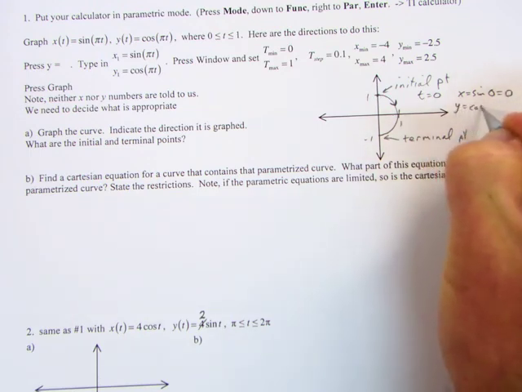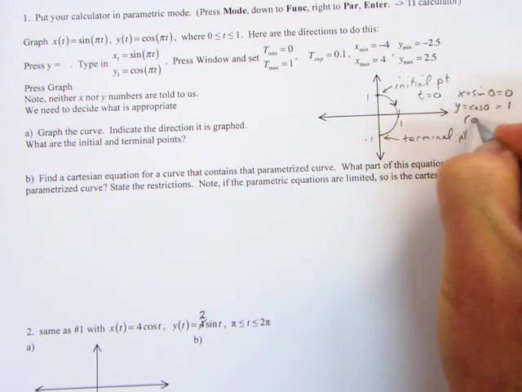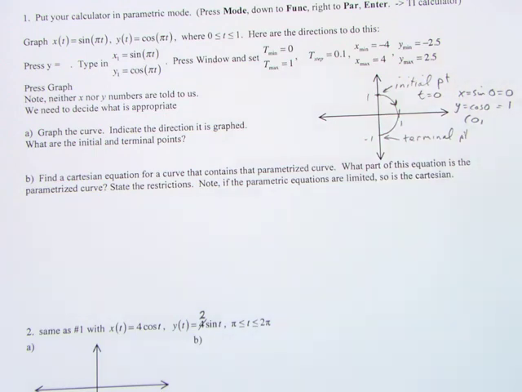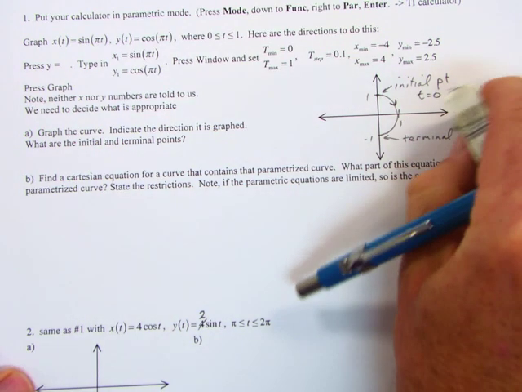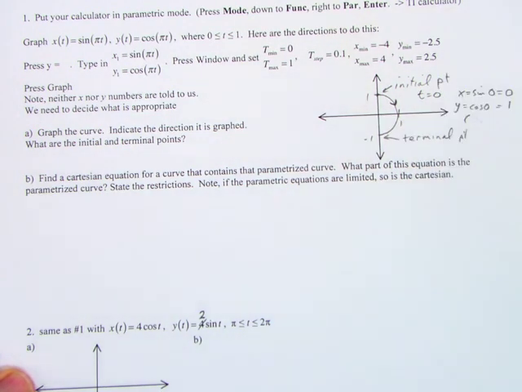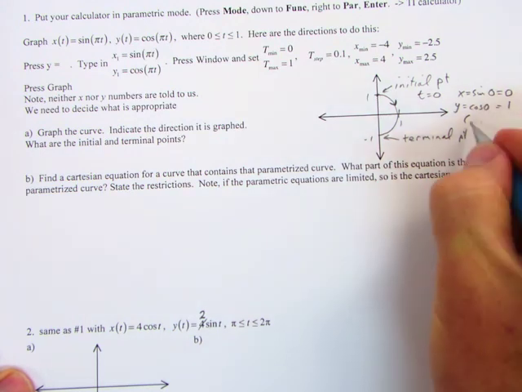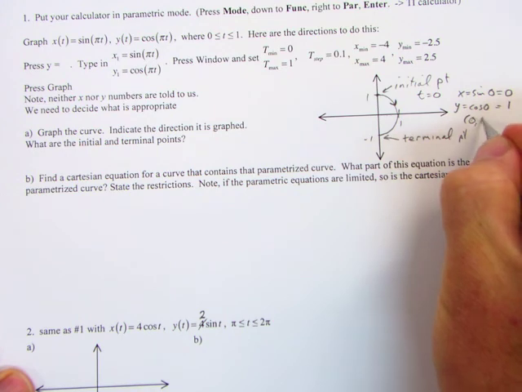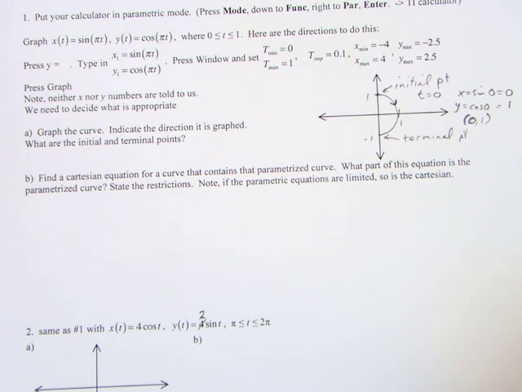Y equals the cosine of 0, which is 1. So our initial point is, actually I started writing that wrong, oh, that's the y value, 0, 1. So our initial point is 0, 1.